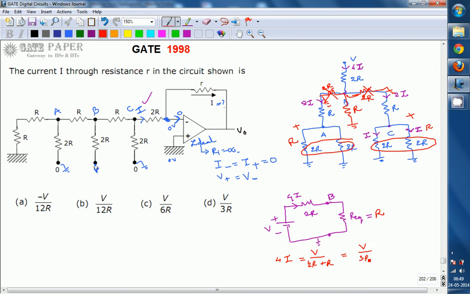So from this we can write I equal to V by 3R divided by 4, which is V by 12R. This is the I value. So the current flowing through this small r is I equal to V by 12R. The right answer for this one is option B. Thank you.